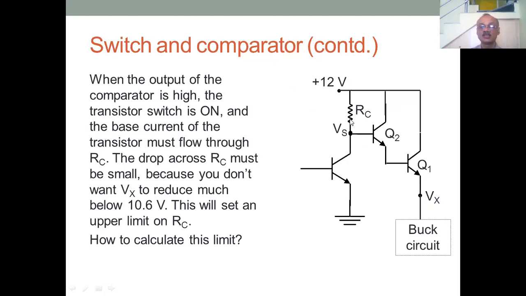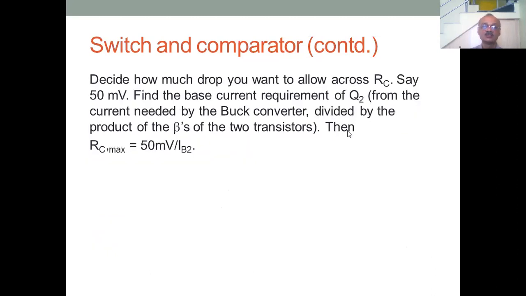So you know the current required through RC, and you assume this voltage to be 50 millivolts, and that gives the maximum RC you want to allow based on the base current of Q2. That sets a maximum limit, and then from the maximum and minimum, you choose something in between for RC. So this is how you choose RC if you're using an open collector comparator.